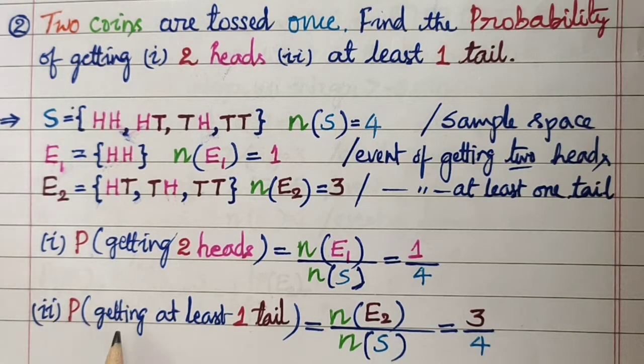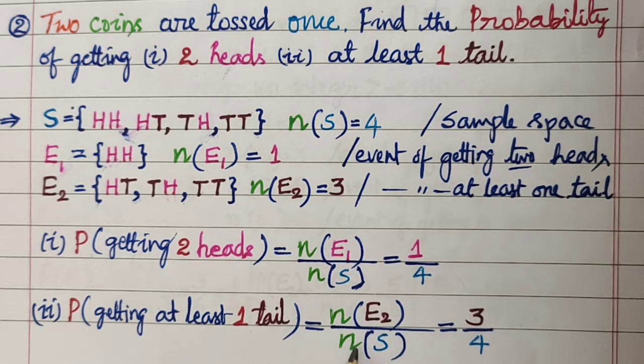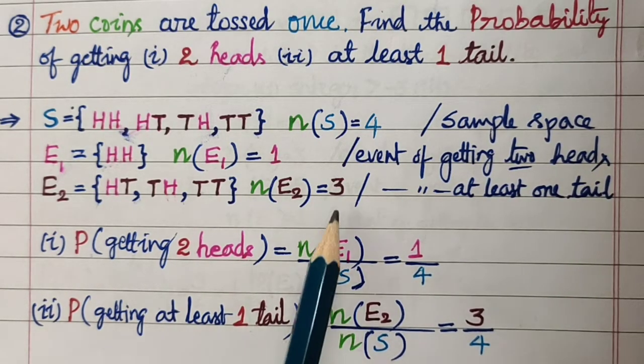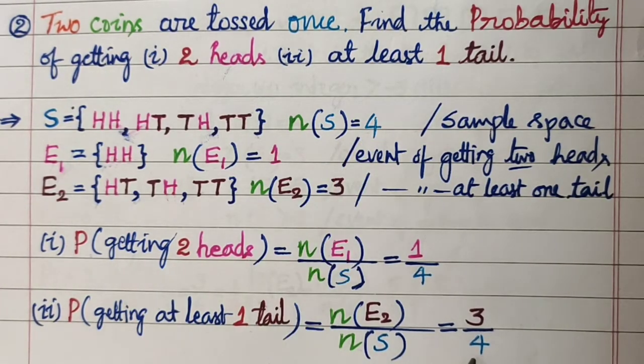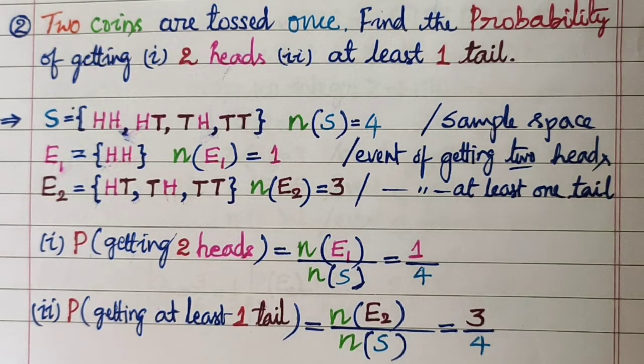Then the probability of getting at least one tail, P of E2, is equal to N of E2 divided by N of S. N of E2 is 3, N of S is 4. In all probability problems, the denominator is always N of S, the number of all possible outcomes.